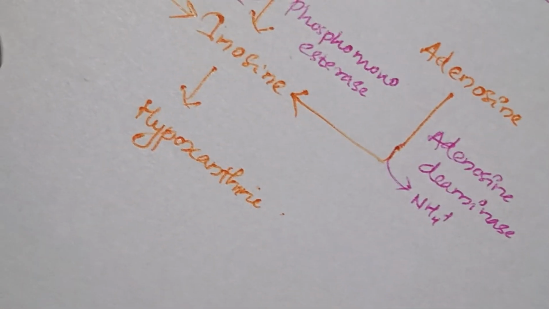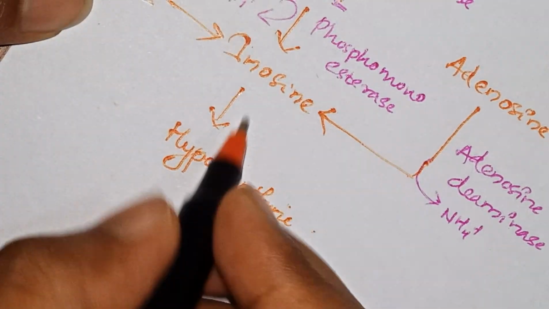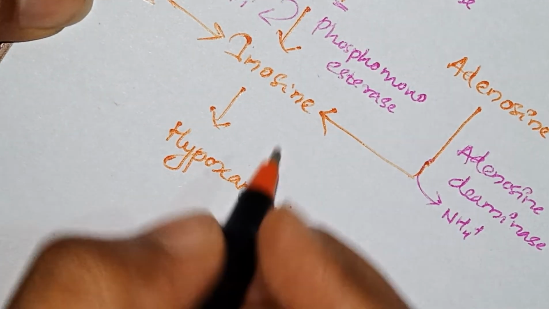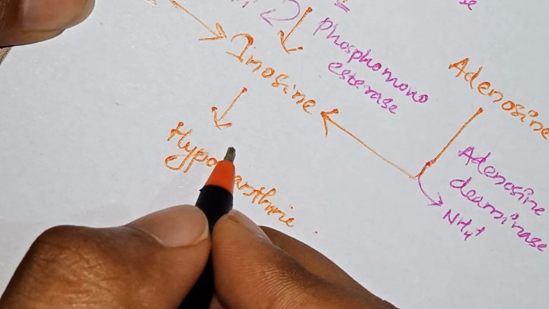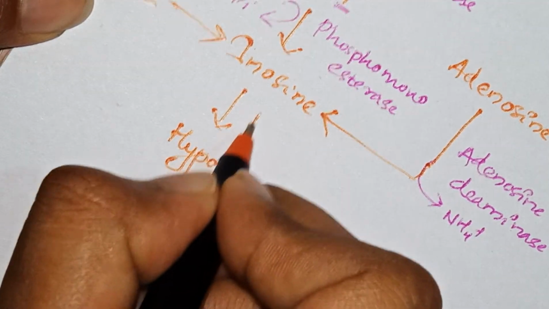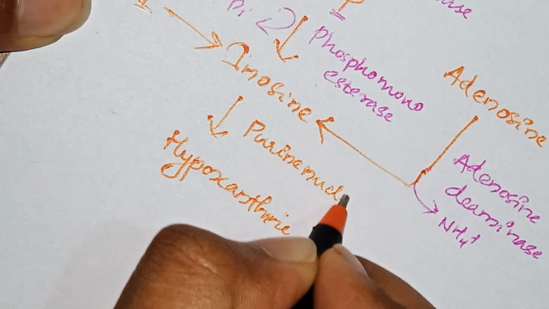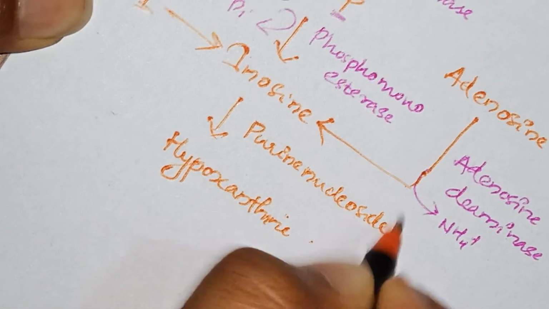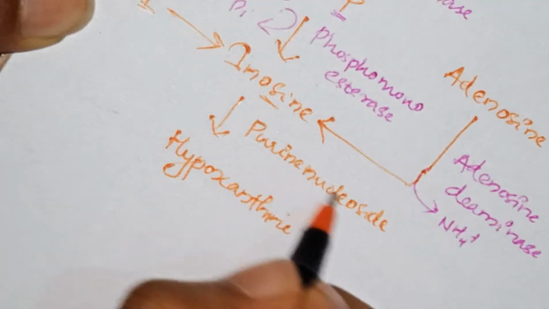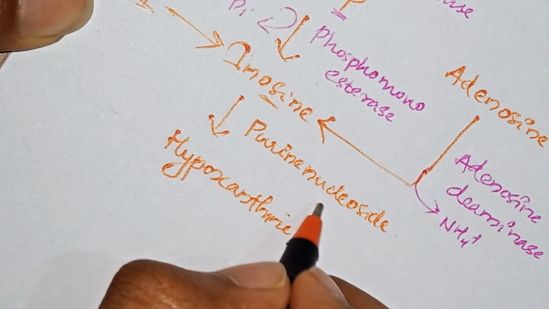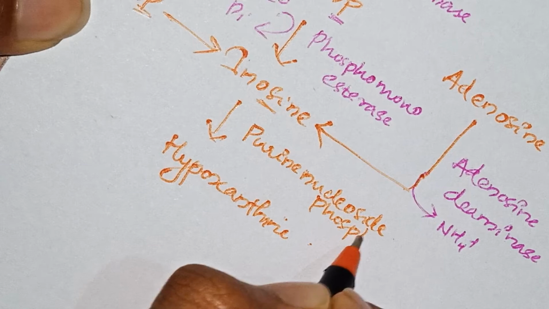So inosine can be converted into hypoxanthine by removing the sugar, and the enzyme is PNP, that is purine nucleoside phosphorylase. Inosine is a nucleoside, so purine nucleoside phosphorylase.